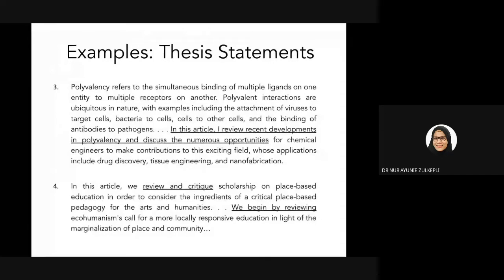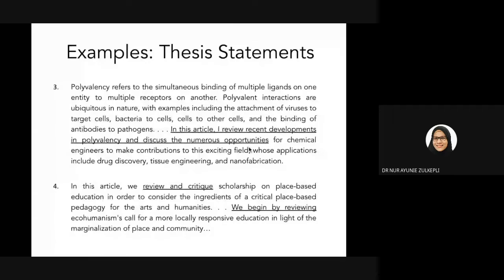Okay, and this is another example. I want you to go back, read my lecture note again, and try to understand the different thesis statements that I already included here. Okay, this is the same example. The polyvalency is the topic. Explain one or two sentences about the polyvalency, and then come up with, "In this article, I review recent development in polyvalency and discuss the numerous opportunities," and so on.